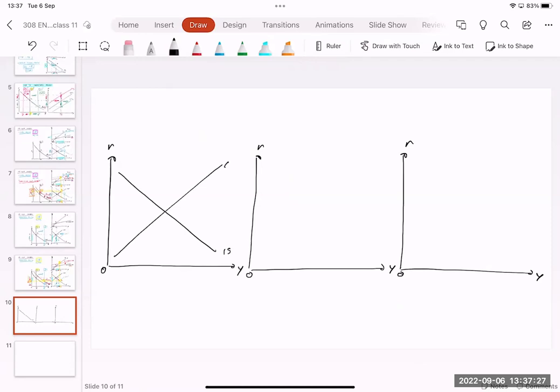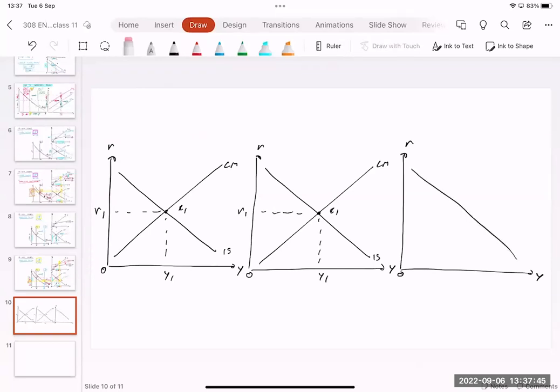IS curve, LM curve, E1, Y1, R1. Okay, we're gonna have three graphs.